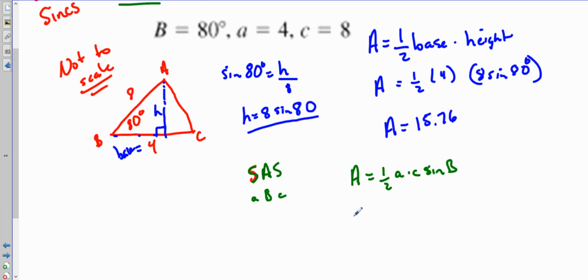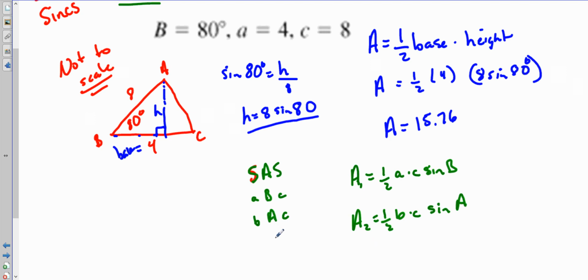Or let's say we switch it up and have different values. Let's say our angle is A. Well, these two sides are going to have to be B and C. So the second case is 1/2 B times C times the sine of A. That's angle A, not area.